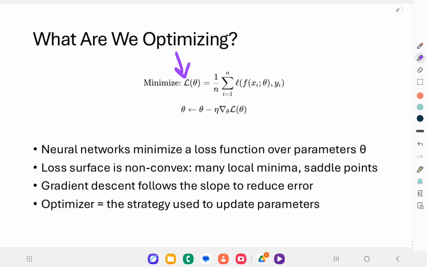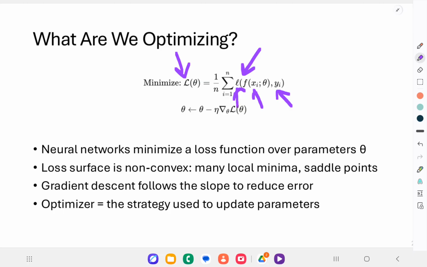The function f is our neural network's prediction of input xi. And the L is the loss between the prediction and the true label yi, the ground truth. As we've seen last week in classification, we could use cross entropy, or the mean squared error for regression, as a loss function.